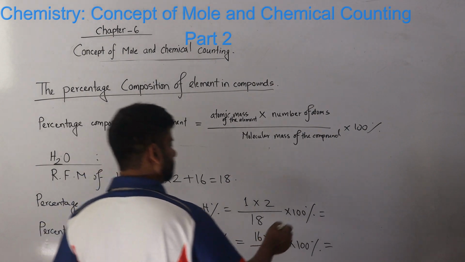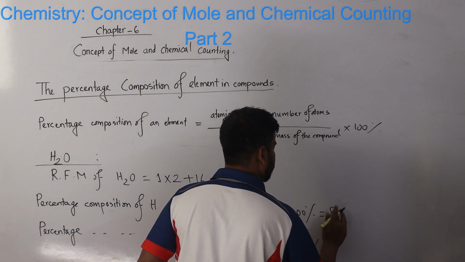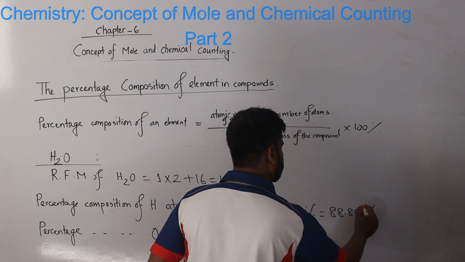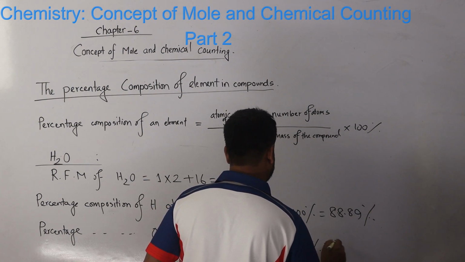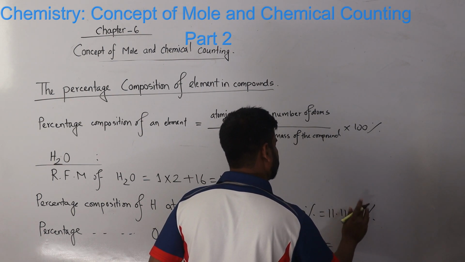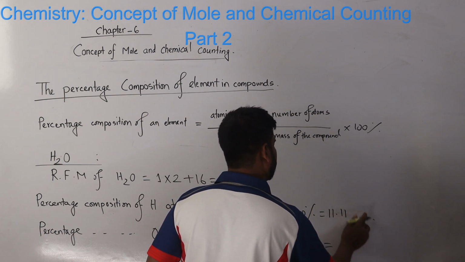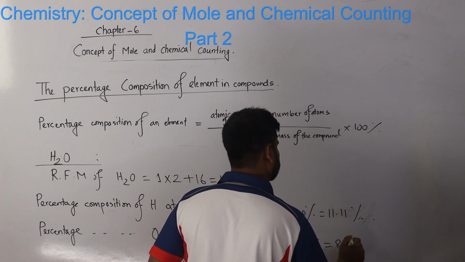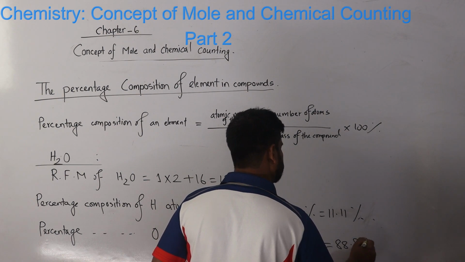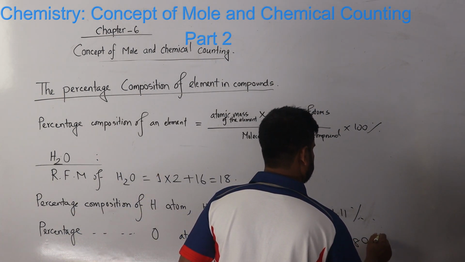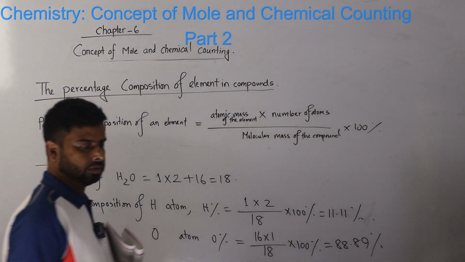So hydrogen is 11.11% and oxygen is 88.89%.